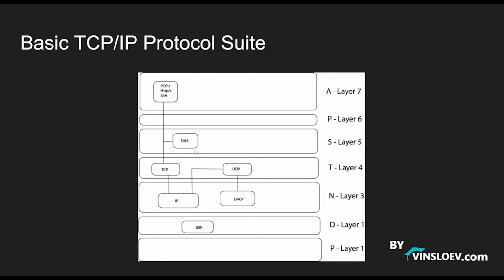Then we have DNS, which anyone who has been surfing the web has been in contact with, because DNS is basically what helps us resolve the endpoints and domains that we type in. For example, www.google.com gets translated into an IP address in order for the computer to understand what exactly we are doing.